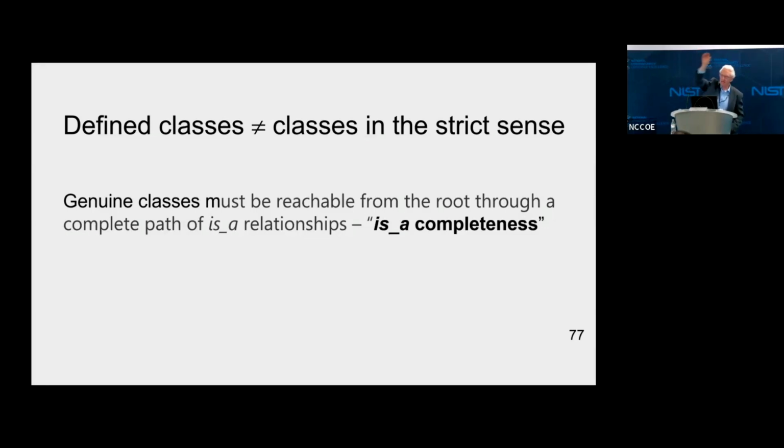Pet is not reachable because there are several roots. So there are fish, which goes through, I don't know, what's the next thing in the tree of life? Swimming thing. The fish, and then there's cat. Cat is a subtype of mammal. Fish is not a subtype of mammal. And so there is no single, unique, continuous path from pet to object, although all pets are objects.